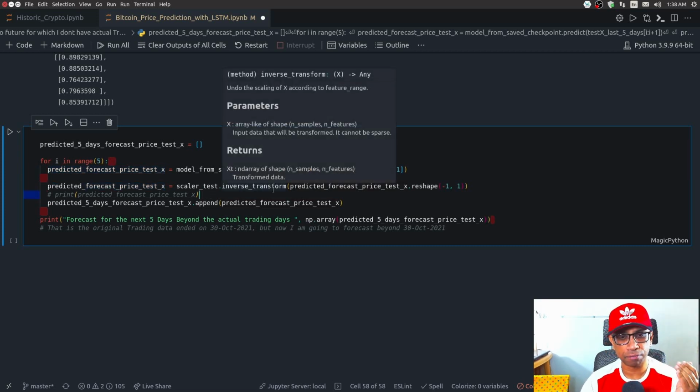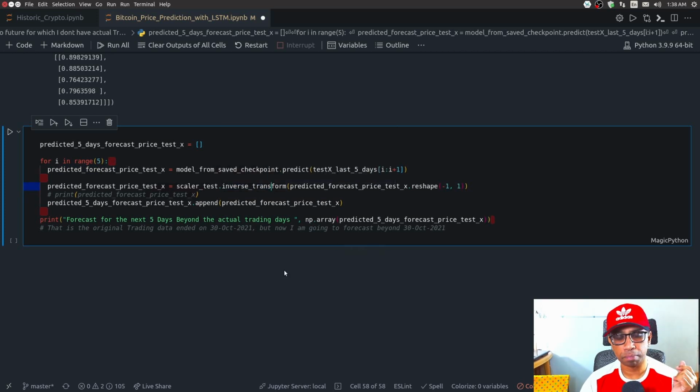That's why I'm applying inverse transform, because initially we applied min max scaler, but now I have to get it back to the original actual Bitcoin price scale. Otherwise I cannot compare it with the plot or with the real price of Bitcoin. So that's why I'm applying inverse transform.